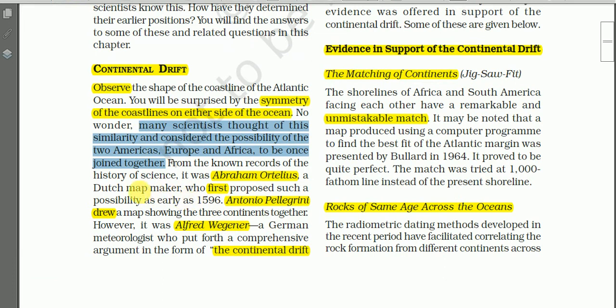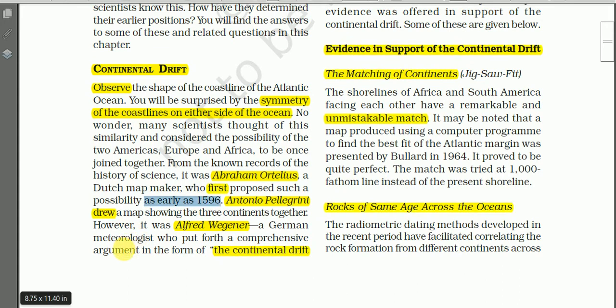From the known record of the history of science, it was Abraham Ortelius, a Dutch mapmaker, who first proposed such a possibility as early as 1596.